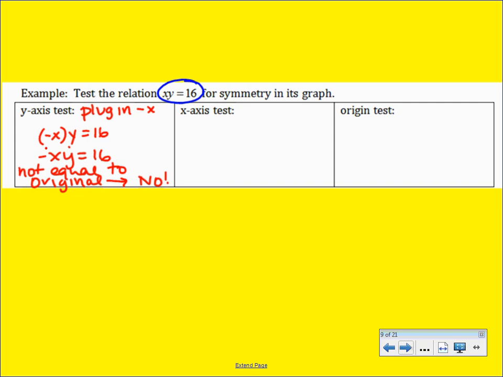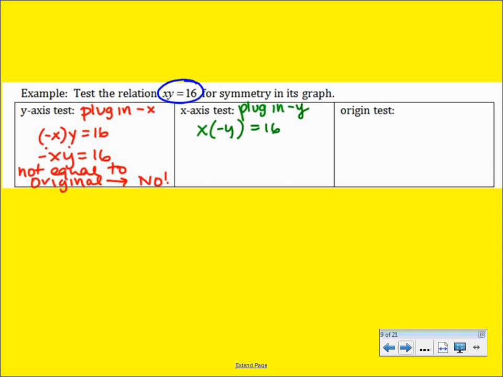I'm going to switch colors and test for x-axis symmetry. How do I test for x-axis? Negative for the y. Good. Again, I use parentheses because I don't want it to look like x minus y.